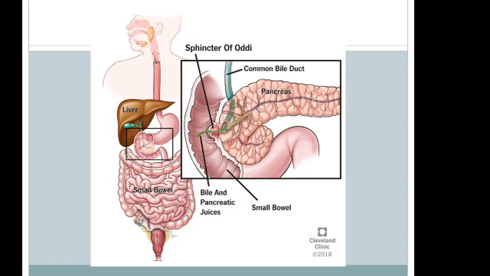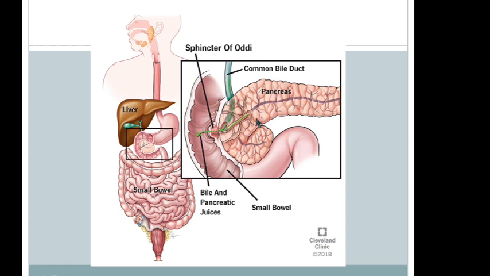Now next, the sphincter of Oddi is present at the distal end of the common bile duct, which is a band of circular smooth muscle. What is the role of this sphincter of Oddi?